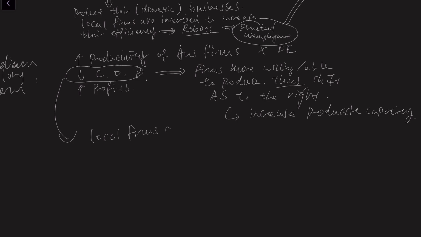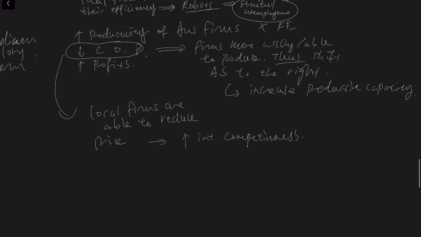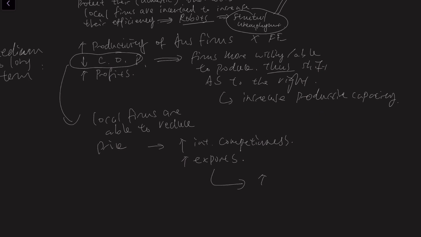And because of lower cost of production, local firms are able to reduce their price, and this increases international competitiveness and means higher exports. So this also causes an increase in aggregate demand, because export is a component of aggregate demand.